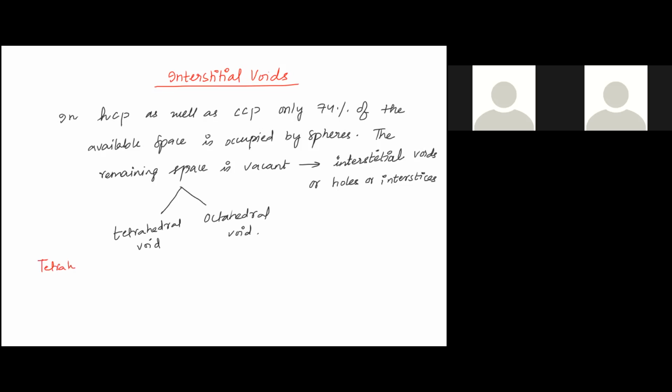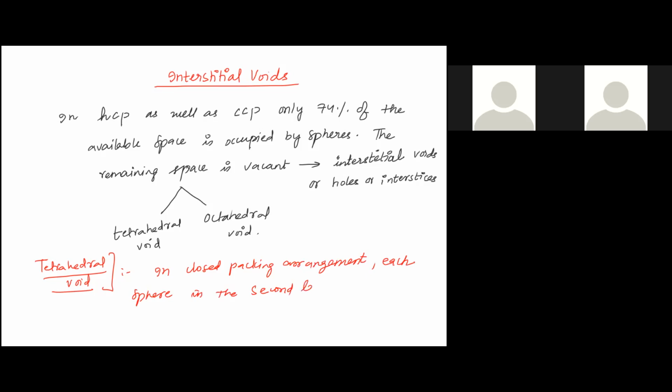So look at the tetrahedral void. What happens in a tetrahedral void is in the closed packing arrangement. When you have a closed packing arrangement, you have one layer ABC type, AB type, all these. So in closed packing arrangement, each sphere in the second layer, what happens?